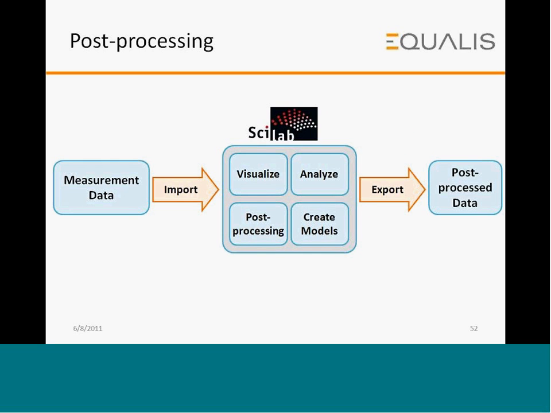Say you want to do some post-processing. So you have measured data, you want to use Scilab to visualize the data, you want to analyze, you want to do some post-processing, you want to build mathematical models, and then you want to export the post-processed data.